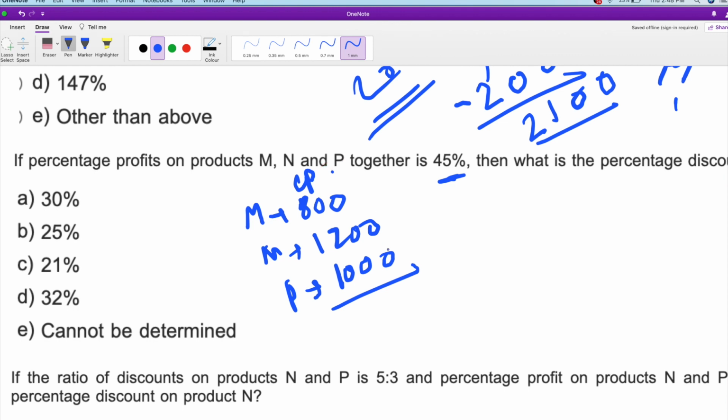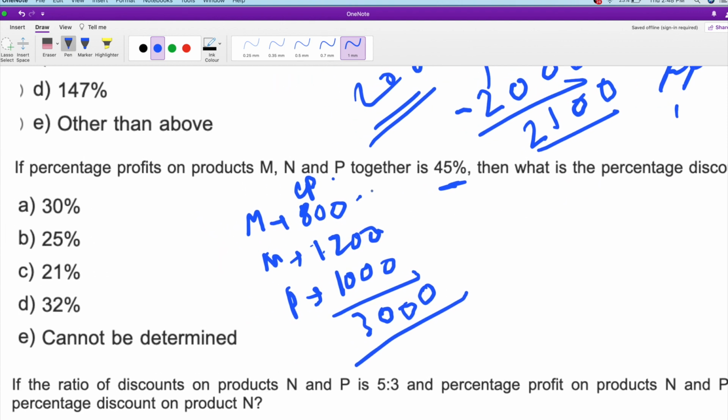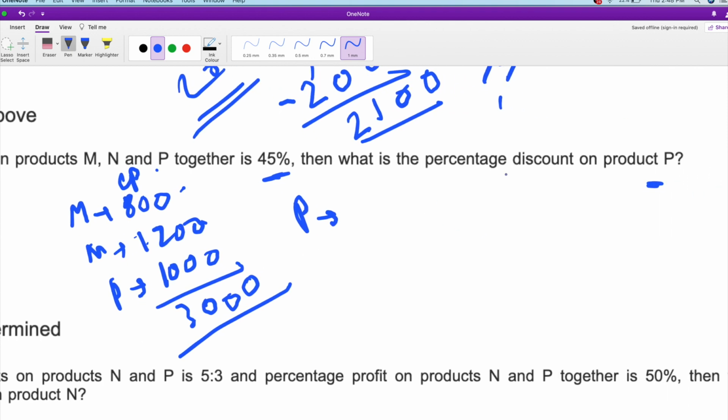Total cost price: 1200 plus 800 is 2000, 2000 plus 1000 is 3000. Now this is the total cost price, and the profit is 45% of this. Then what is the percentage discount on P?